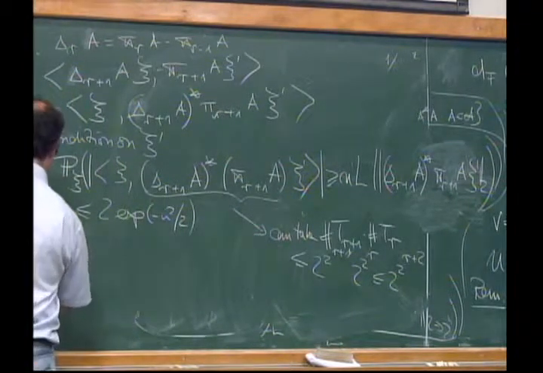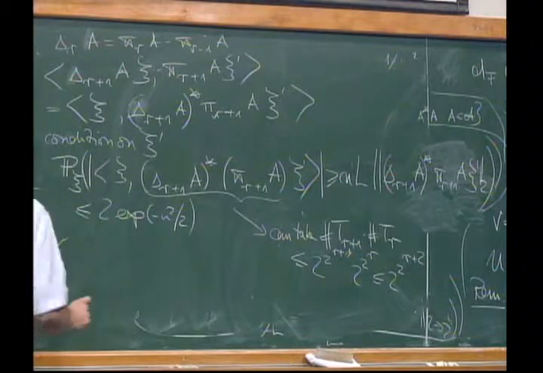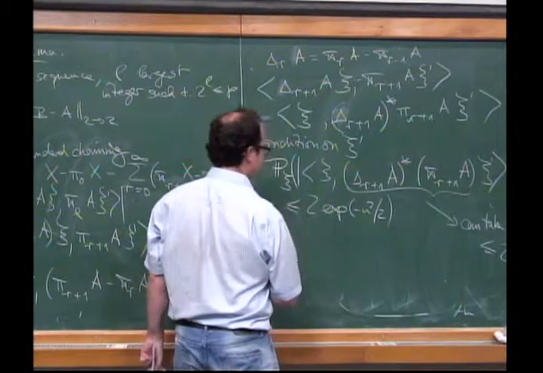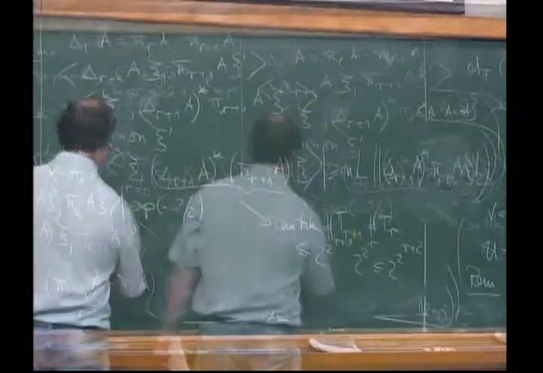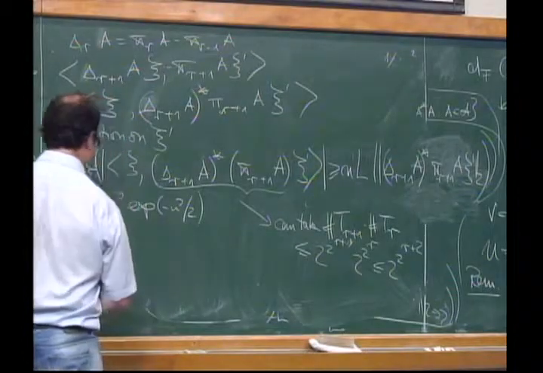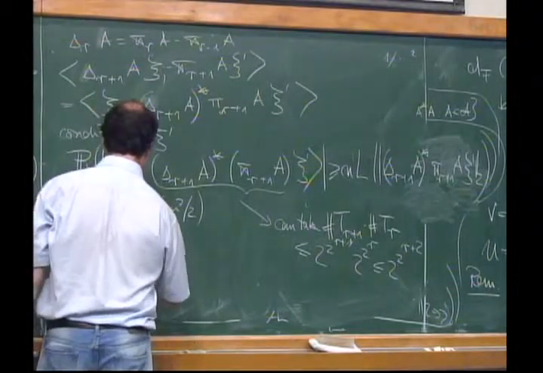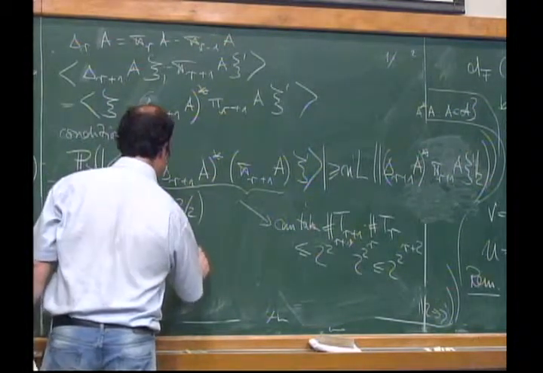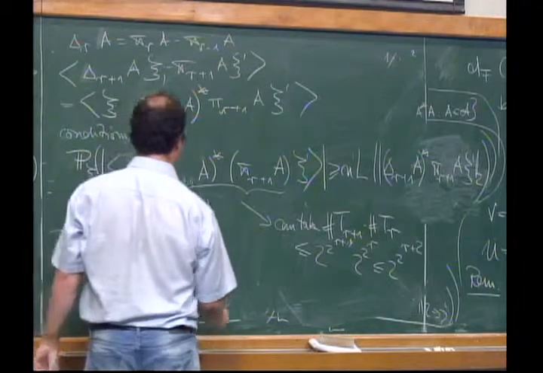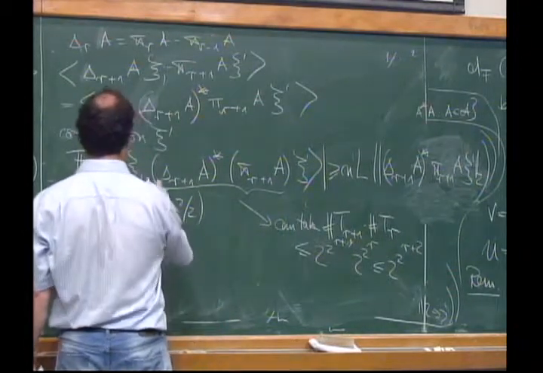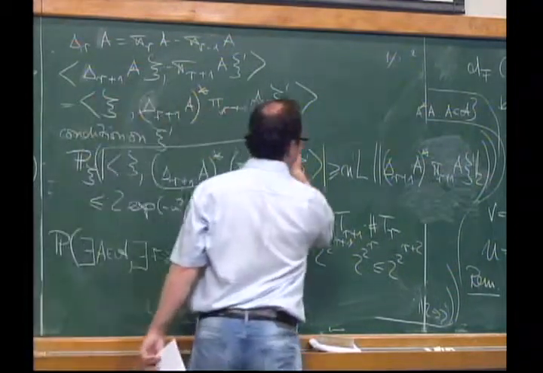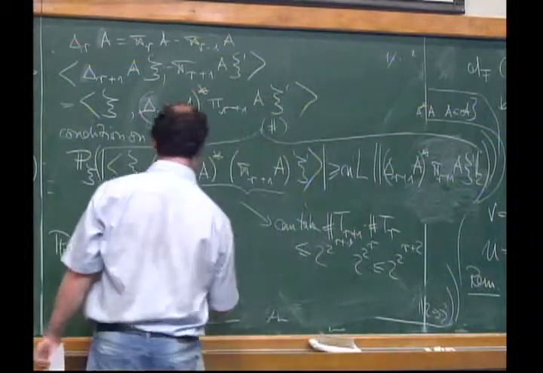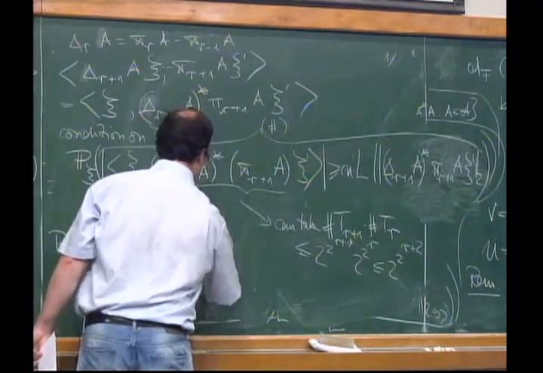So the probability that there exists A in the set and R larger than L of, well, okay, let me just copy this.